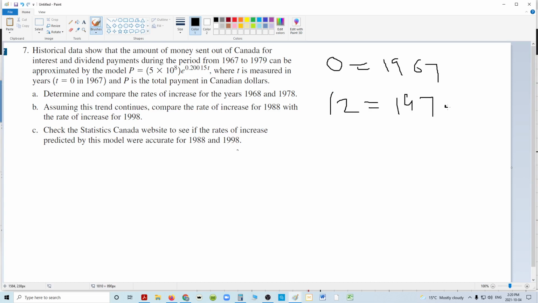And they want to know, where T is the measure in years and P is the total payment, determine and compare the rates of increase for the year 1968, so 0, and 1978. So the rates of increase would be the derivative of this at year 0 versus the derivative of that at year 12. Interesting, if that's what they mean by the ratio.